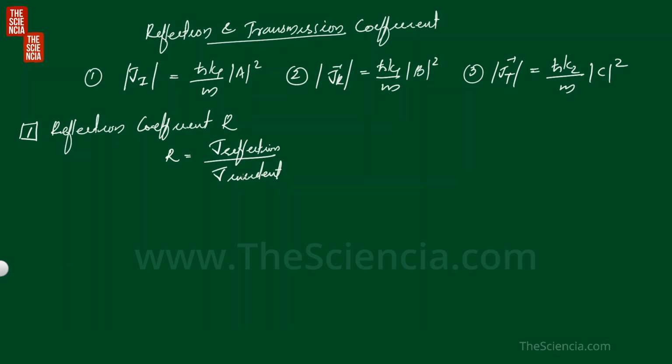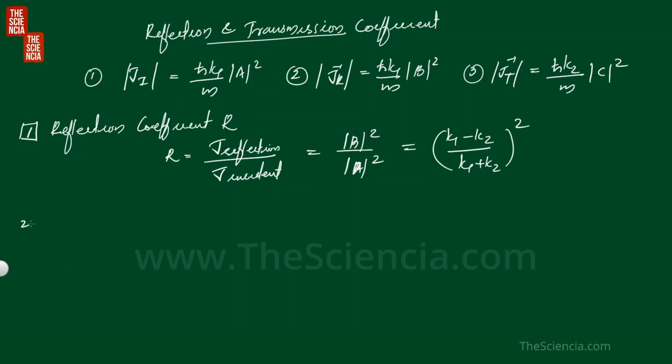That is, it is a ratio of probability current densities: the probability current density of the reflected wave by that of the incident wave. That is equal to mod b square by mod a square. Earlier we found the value of b by a, so that is equal to k1 minus k2 by k1 plus k2 all square.